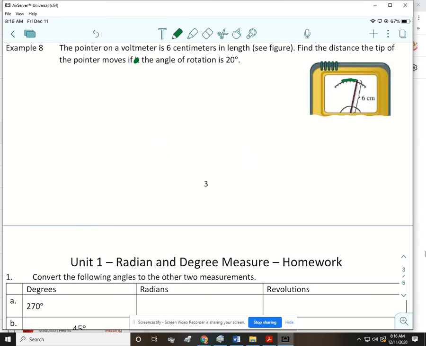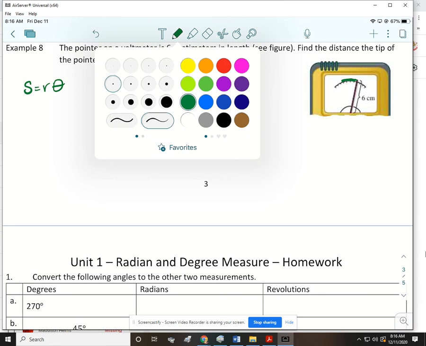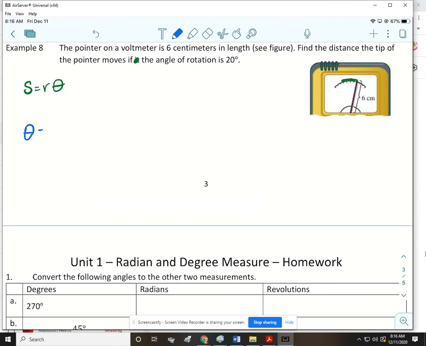All right, so the arc length formula, we're just going to multiply the radius by the central angle in radians, which we don't have yet. So we'll take our theta and change it to radians real quick. So the 0 and the degree cancel out. 2 over 18 is going to reduce to 1 over 9.